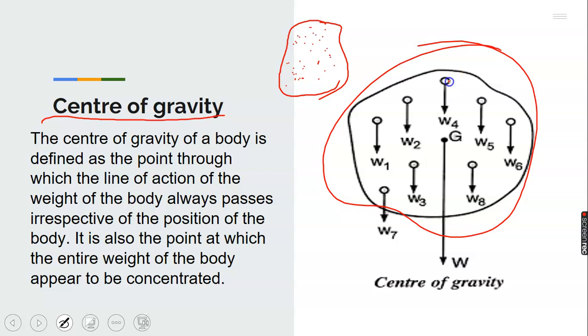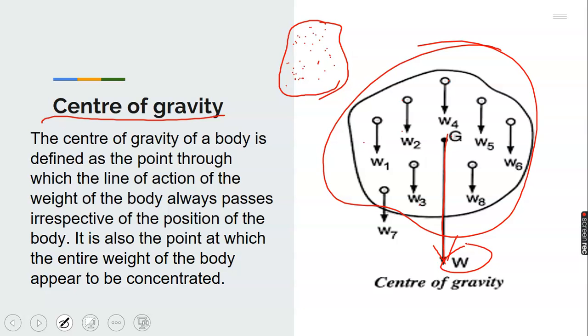Now, all these particles that have weights W1 up to W8, as many as you can have in a matter, have a common point through which they act, which we have as W. That point is called the center of gravity.